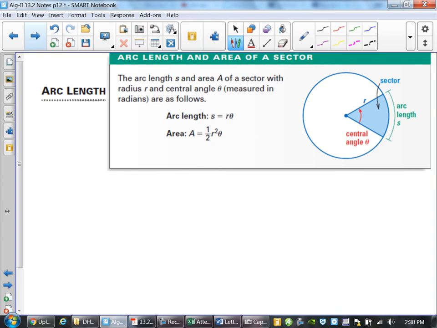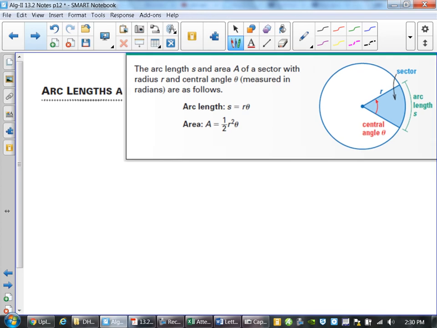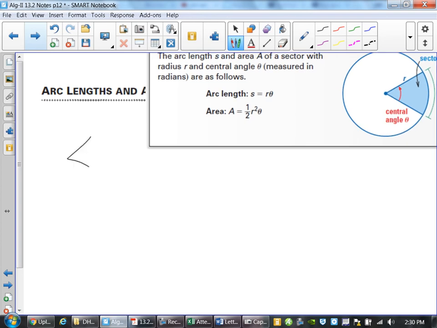I love that test. So, last year when you guys did arc length, you might have done it like this. Central angle over 360 times 2 pi r. That was arc length. Now, if I'm looking at this in terms of Algebra 2 now, simplify that.